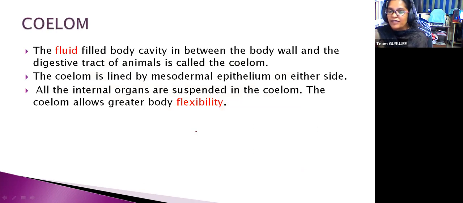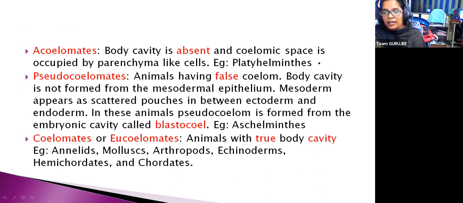Next, coelom. It is a fluid-filled cavity that is present in some animals. The role of the coelom is that it helps in flexibility for the particular animal's body, for their movement. They have three types: acoelomates, pseudocoelomates, and eucoelomates. Acoelomates means they don't have a body cavity; the body cavity is absent.